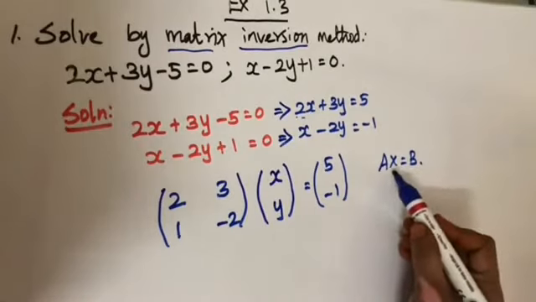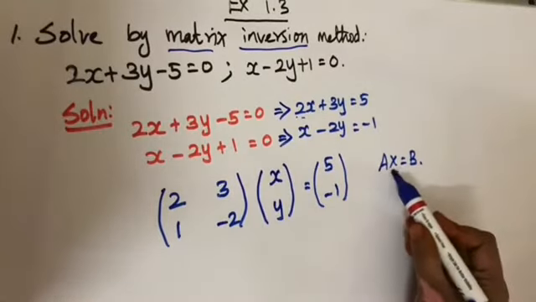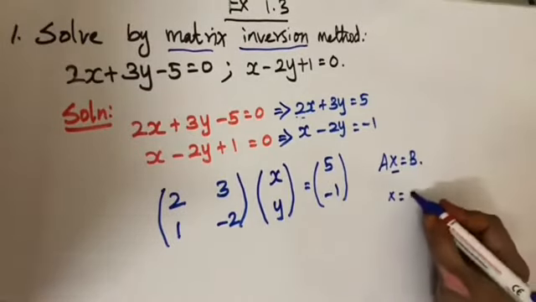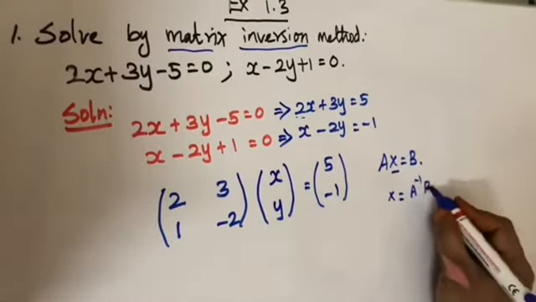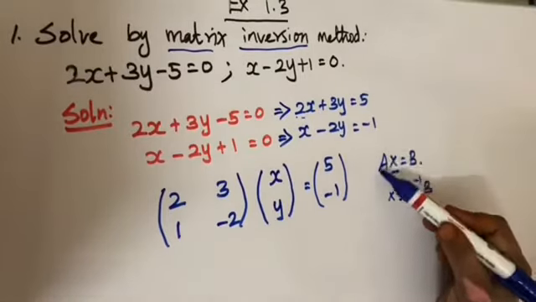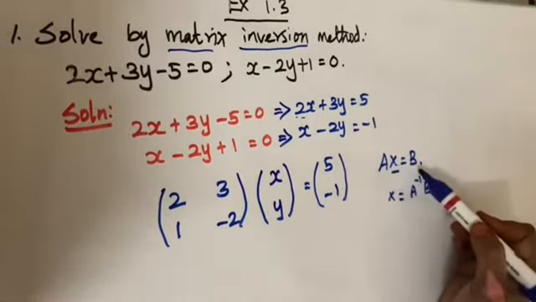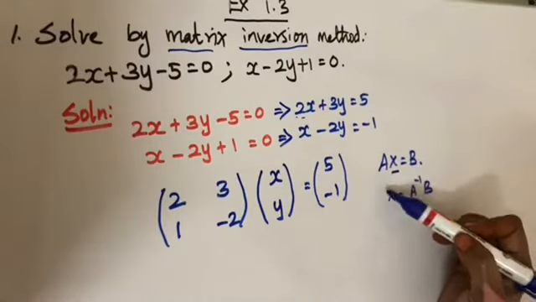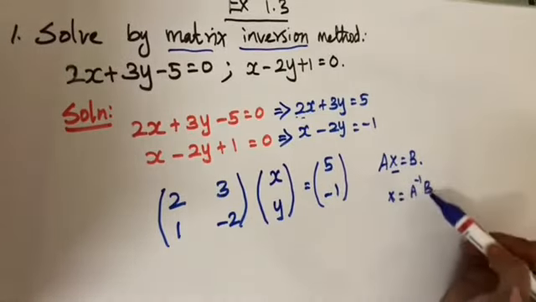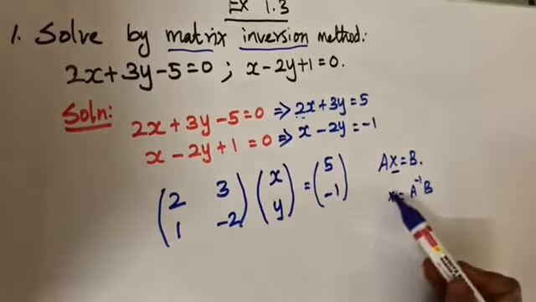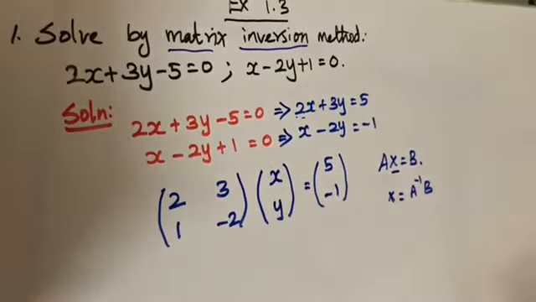We have to find the variables, the value of x. So x is equal to A inverse B. I am moving this A to the opposite side. It is not division; you should not bring A to the denominator. So x is equal to A inverse B. We have to find the value of the variables.